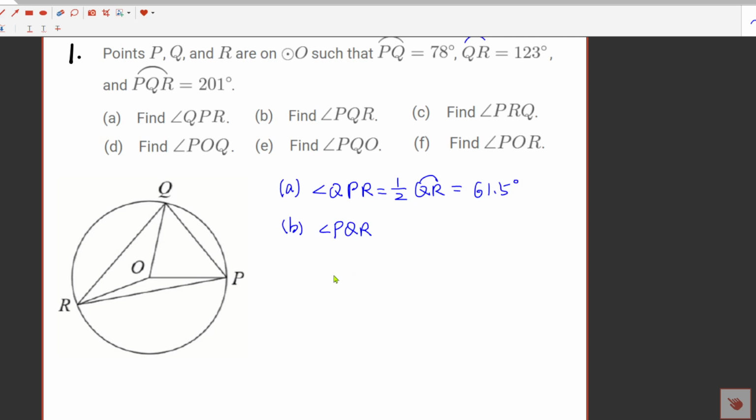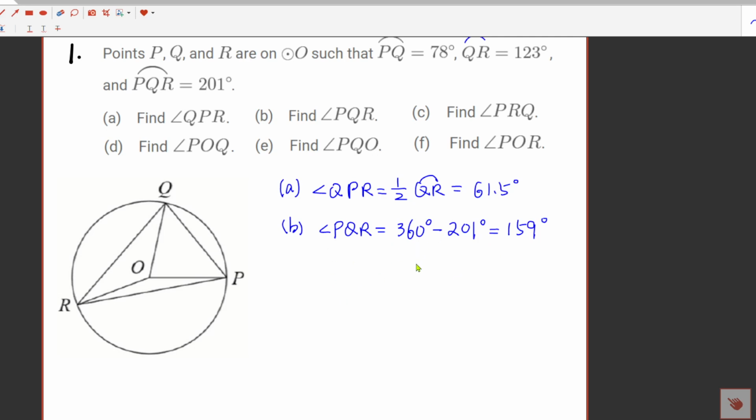Angle PQR is inscribed in arc PR, right? This means it has a measure of 360 degrees minus 201 degrees, which is 159 degrees.